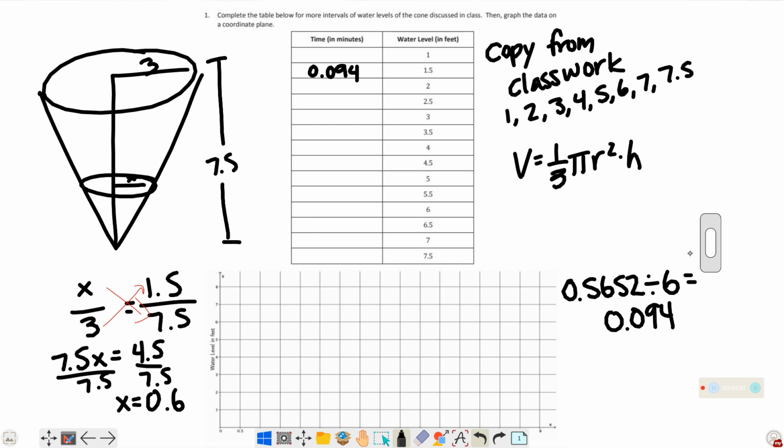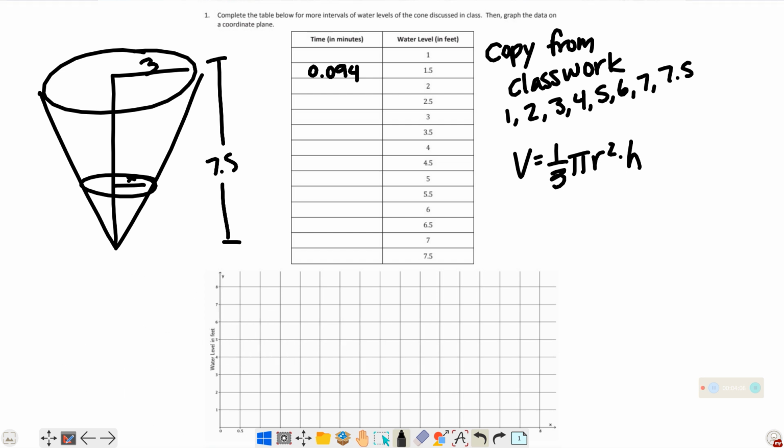Now we're going to do the same thing again, but we're going to change the height from 1.5 to 2.5. So again, set up your ratio. Our unknown radius and our known radius for the whole, our new height and our height for the whole. Cross multiply gives us 7.5x. 3 times 2.5 gives us 7.5.